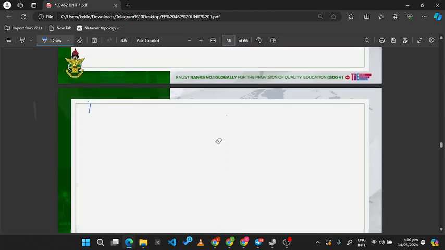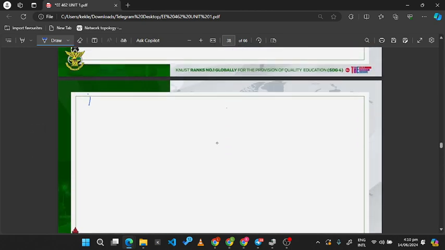Okay. So to start, let's draw a system. We have a converter which is connected to the motor, which is then connected to the load.